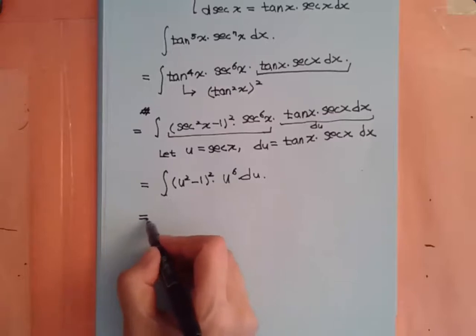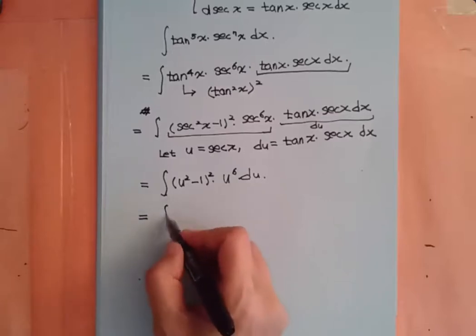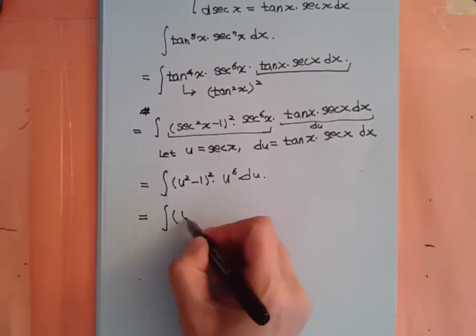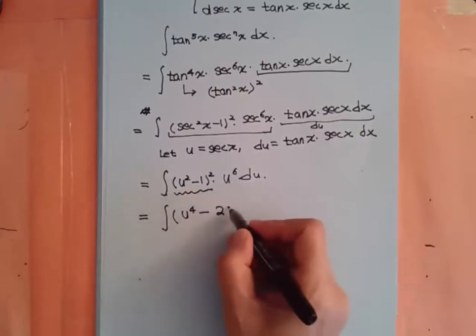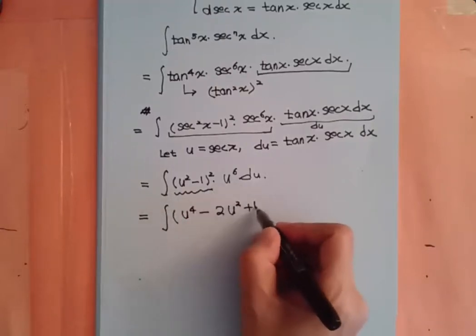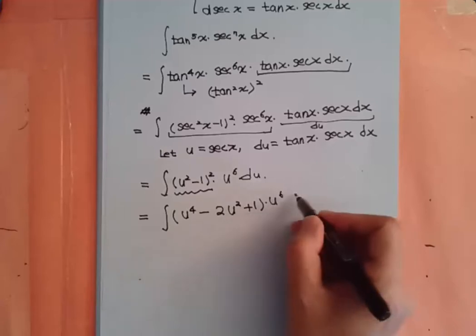So to solve the problem, this one is u to the 4th power. We do this part, then minus 2u squared plus 1, times u to the 6th power du.